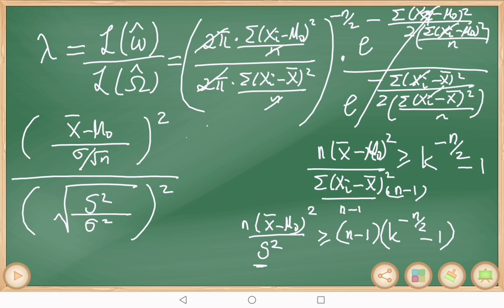Okay, so take the square root, that's sigma, that's sigma square, that will cancel with the sigma squared in the numerator, and then we proceed to multiply with n minus 1 and divide by n minus 1 here, right? So this is greater than or equals to n minus 1, k minus n over 2 minus 1.